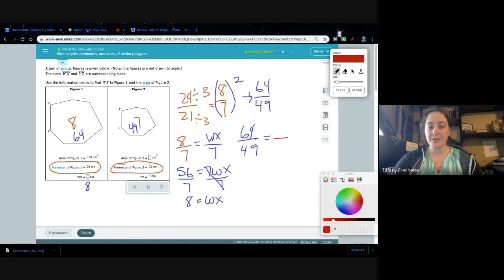On the 64 side, or figure 1, we have an area of 128. On figure 2, which is the 49 side, we have an unknown area. That's what we're trying to find. So then we go 64 times A, and we get 64A equals 49 times 128.